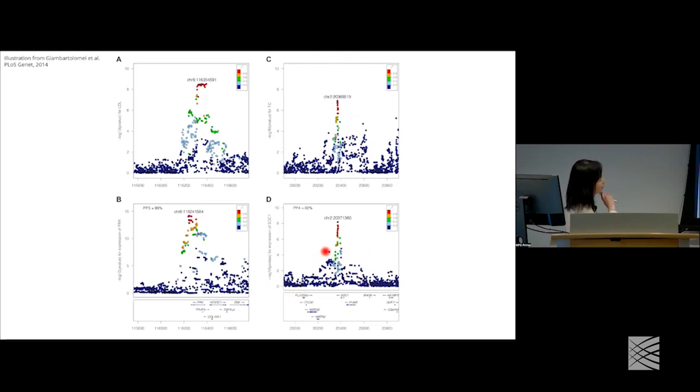As you can see, based on the location, these two signals are likely to be shared. So that's why the co-localization analysis gives a PP4 probability of 82%, which means these two signals are likely shared. Because of this, the variants that impact the phenotype are the same as those that impact the gene expression level. So it's more likely that the variants impact the phenotype by impacting the gene expression level.